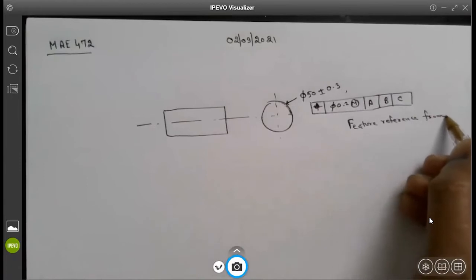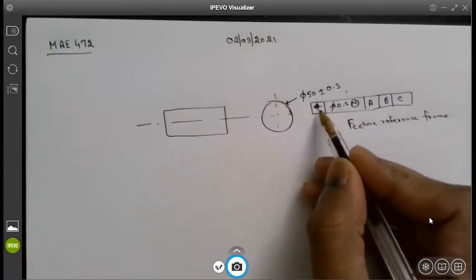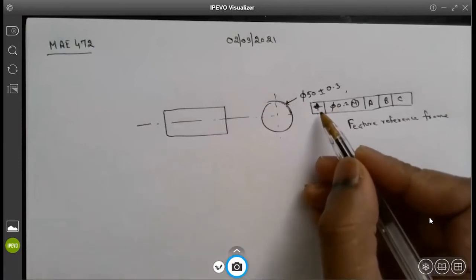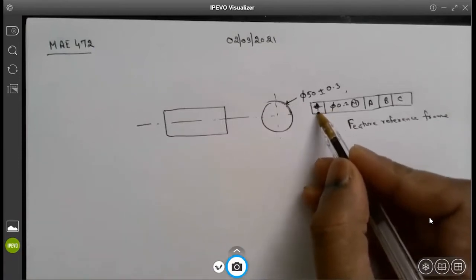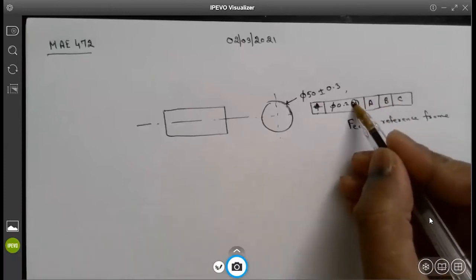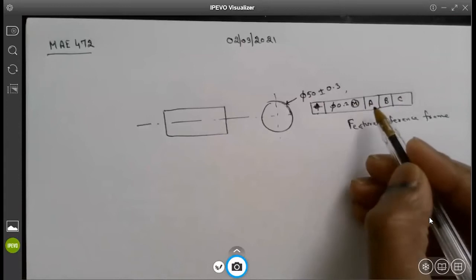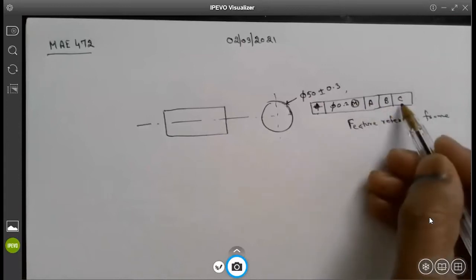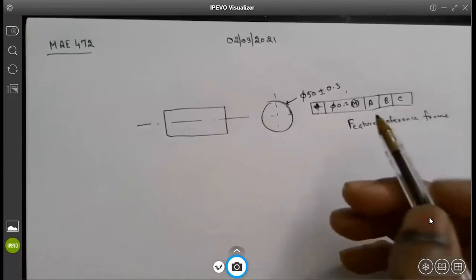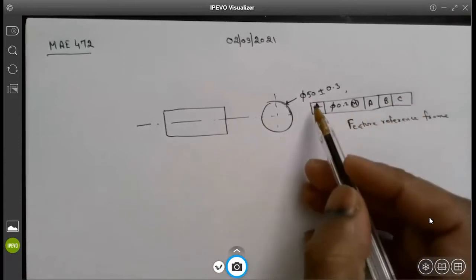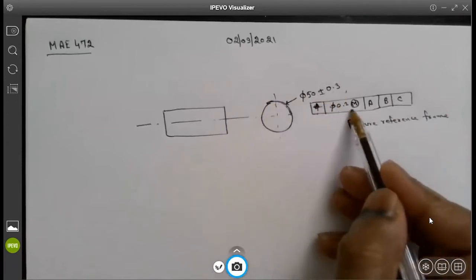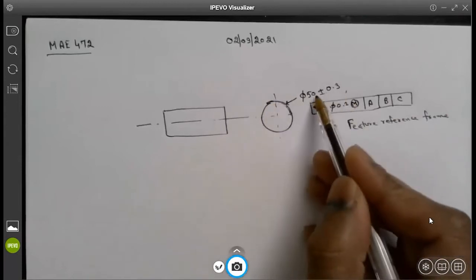In this frame, the first compartment provides a GD&T symbol for the specific type of tolerance we are using, and the amount of tolerance. This is a material condition modifier. M stands for maximum material condition. A, B, C represent datum planes. In this case there is no A, B, C, but I'm just focusing on understanding the effect of this tolerance on the diameters.